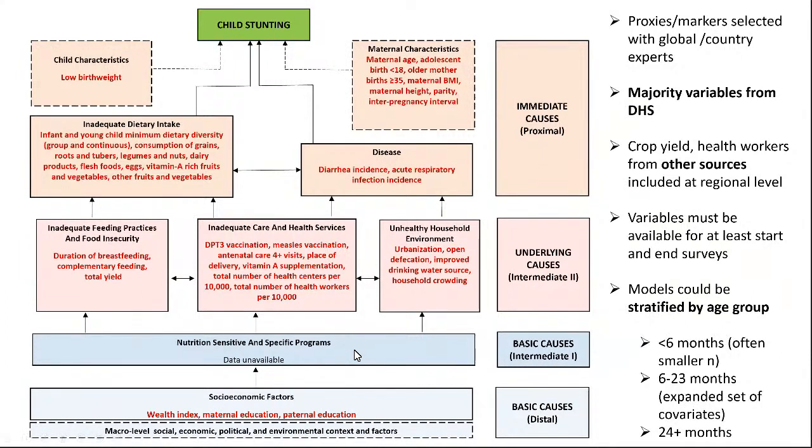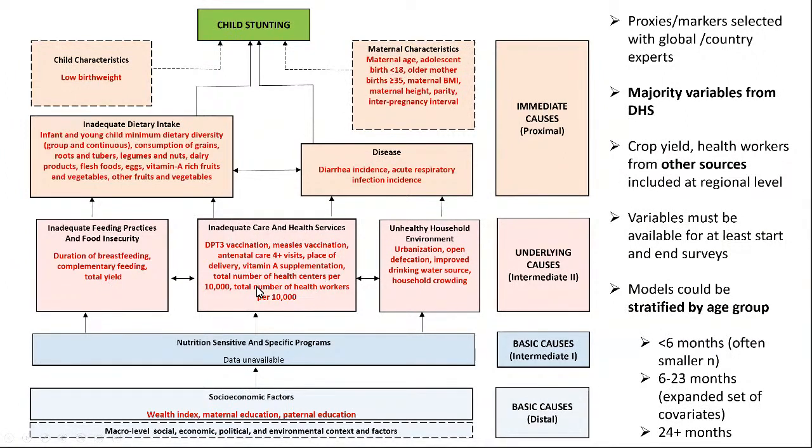However, if you do have that type of data for your country, you can include that as well. At the underlying causes level, or the intermediate level, under the first subdomain, inadequate feeding practices and food insecurity, we used proxies of breastfeeding and complementary feeding, and importantly, a metric of consumable crop yield that we were able to obtain from other sources.